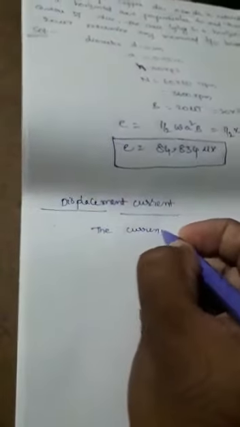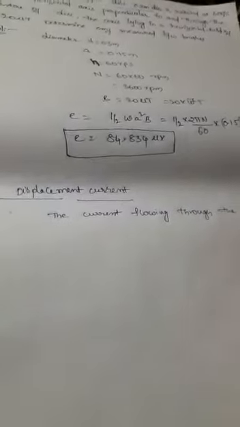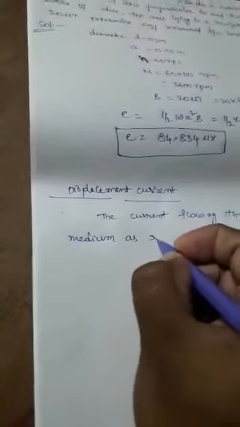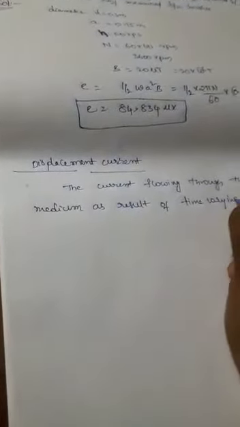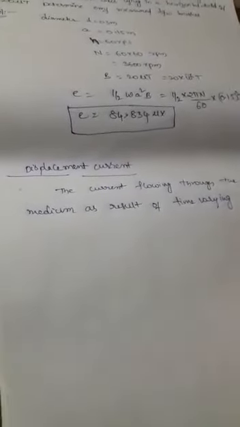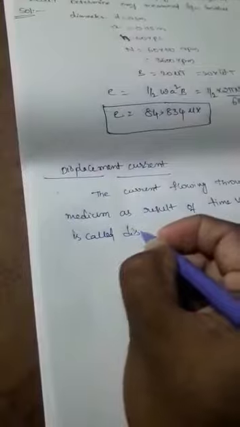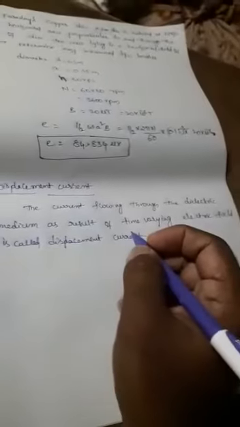So see here, the current flowing through the dielectric medium as a result of time varying electric field is called displacement current, denoted with ID.